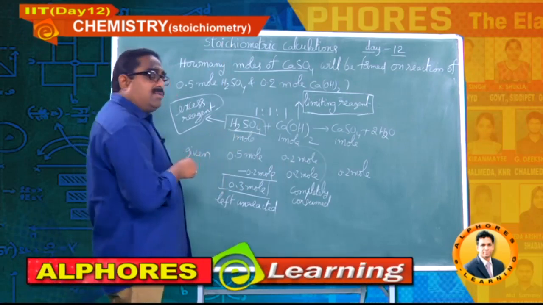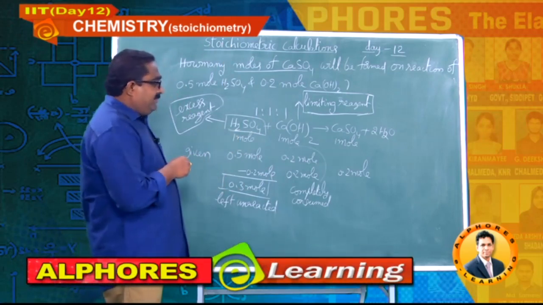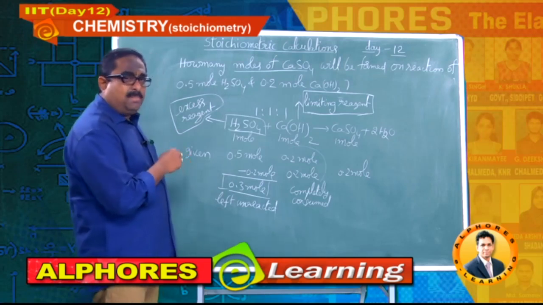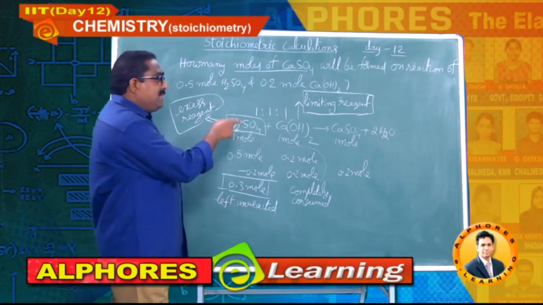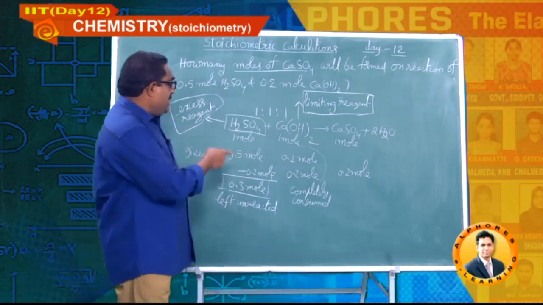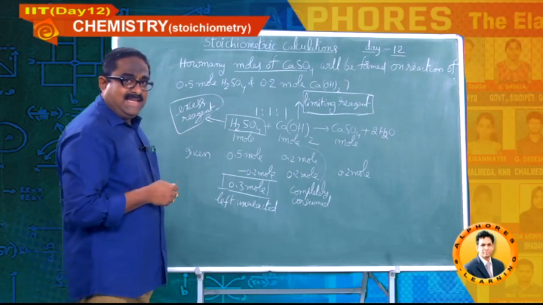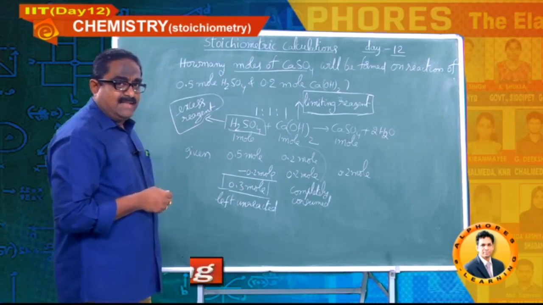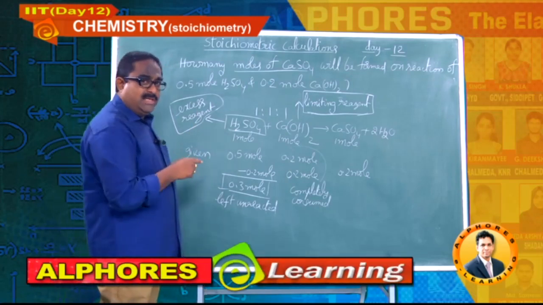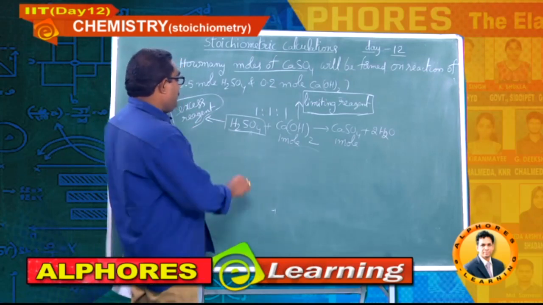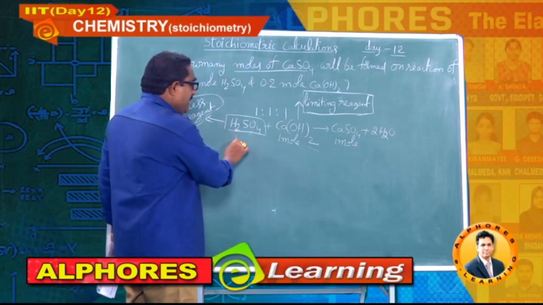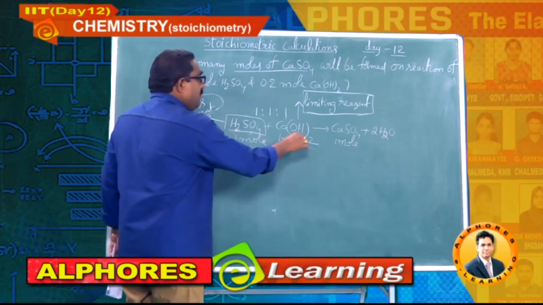So please write this down, students. It is very important, please note it down carefully. Out of these two, calcium hydroxide is the limiting reagent and sulfuric acid is the excess reagent. Okay, students. Now, once again I am repeating this. 1 mole gives 1 mole, 1 mole.